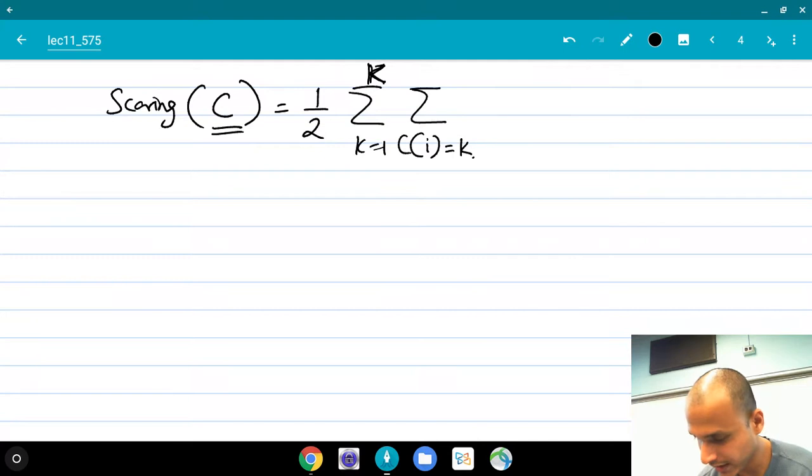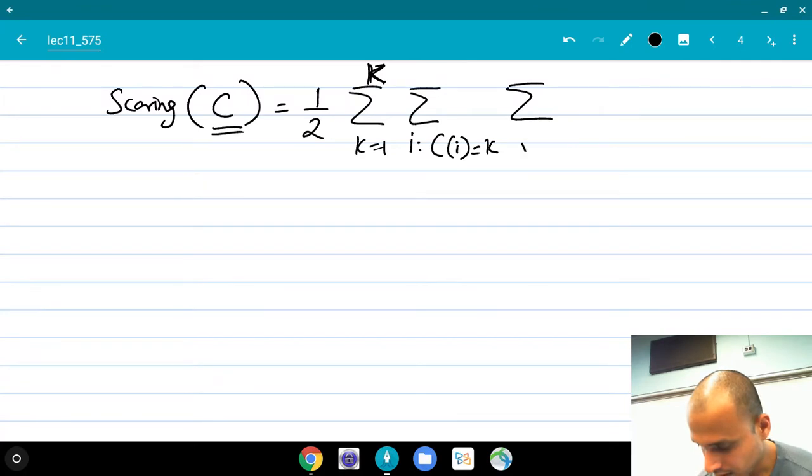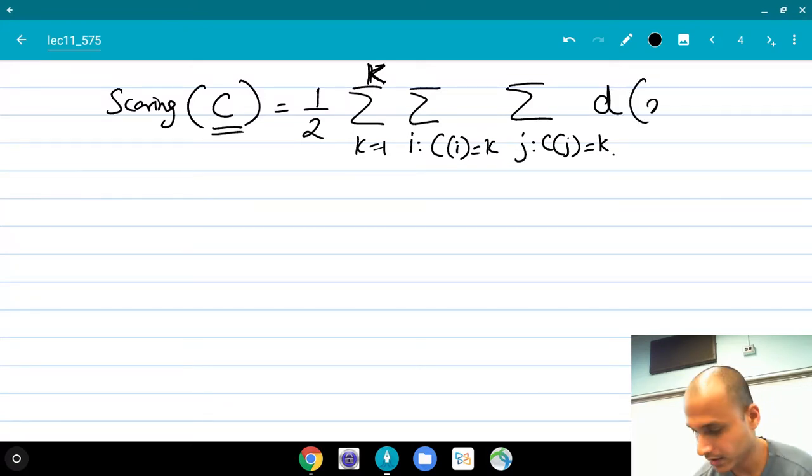Actually, the right way to write this is: sum over i such that Ci is equal to k, and sum over, let's call it j, such that Cj is equal to k, of some sort of a distance between them, d(xi, xj).